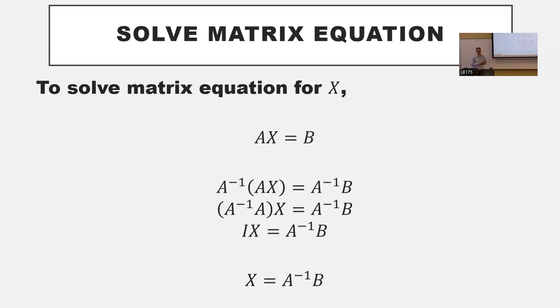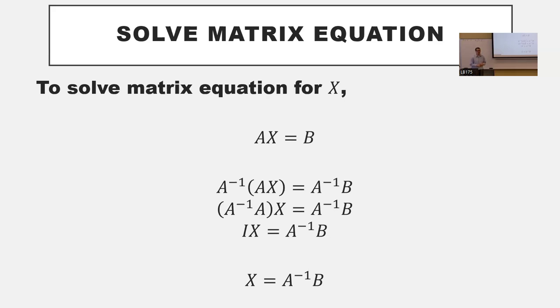If we want to solve a matrix equation that says A times X is equal to B, all we have to do is multiply on the left-hand side of both sides by A inverse, if it exists.